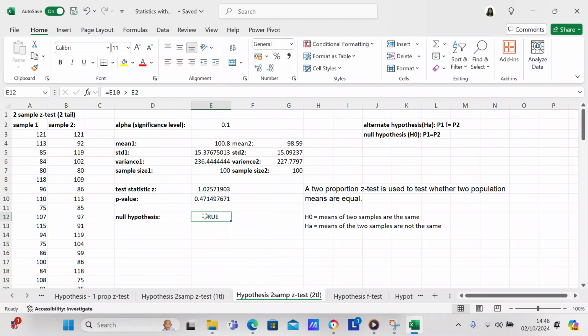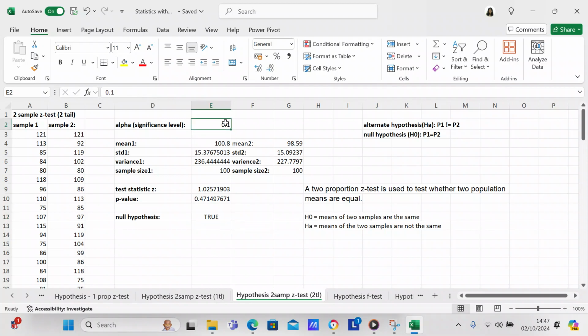The null hypothesis is E10 is greater than E2. So if E10 is greater than E2, then you're going to accept the null hypothesis. If it's less than E2, you're going to reject the null hypothesis and accept the alternate hypothesis. So let's see, we've got a p-value of 0.47.